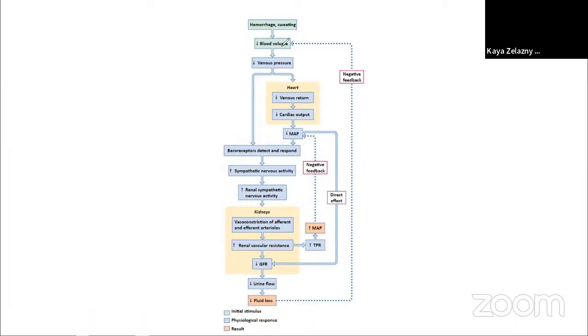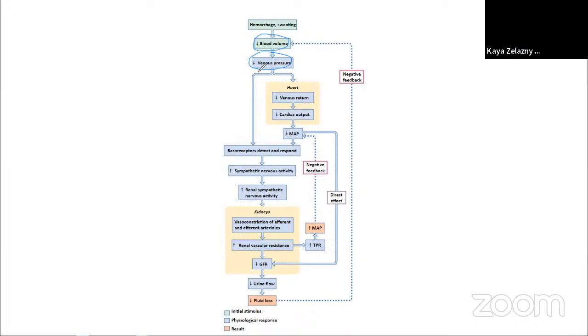We do also see responses to low blood volume and low blood pressure. The other regulatory mechanisms we were looking at were mainly responses to high blood pressure, but we do also have responses to drops in pressure.